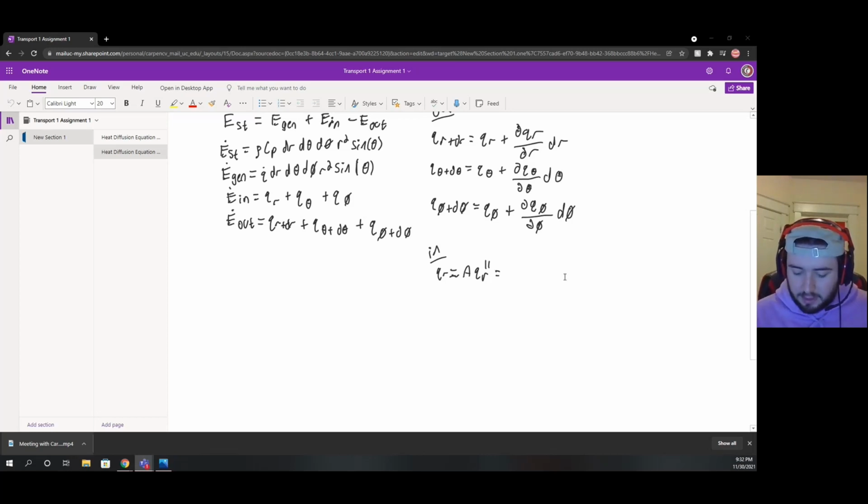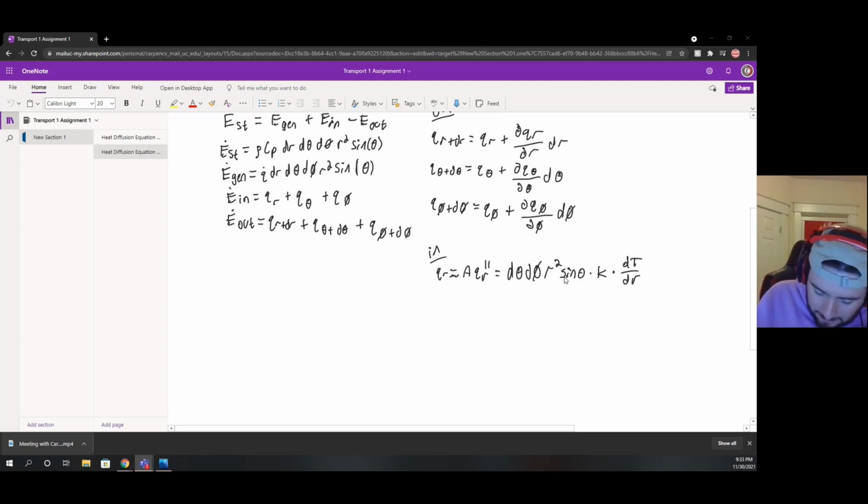So that plane is going to be d theta d phi r squared sine theta times our heat flux, which is going to be our thermal conductivity, which once again we're going to treat as a constant, times the change in temperature over the change in distance.